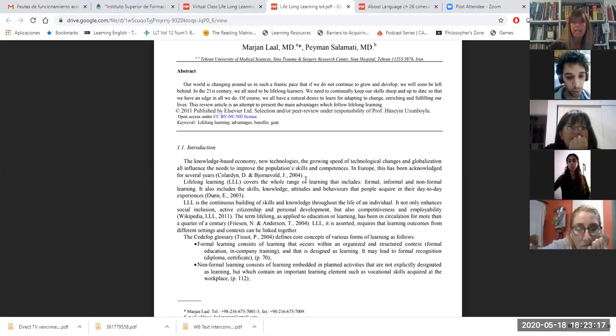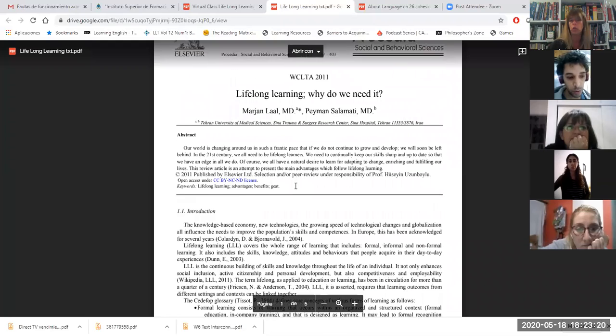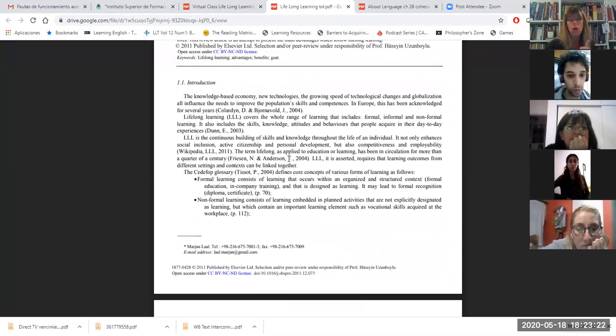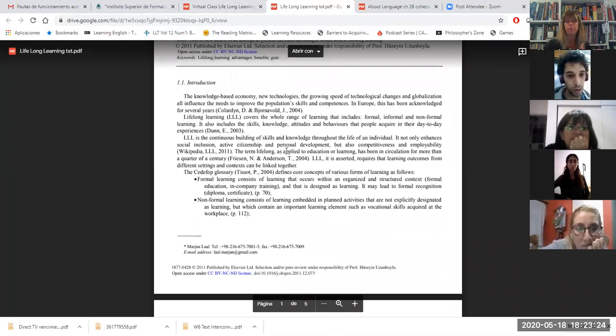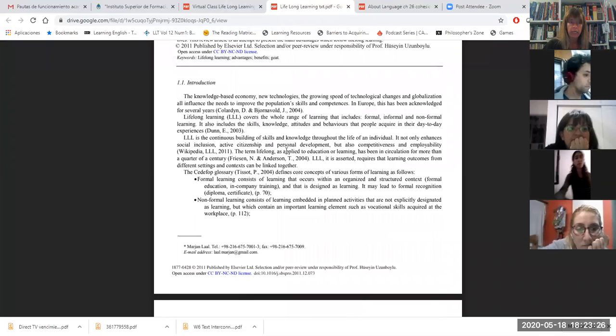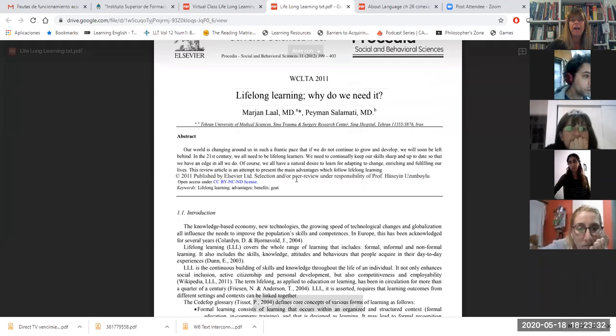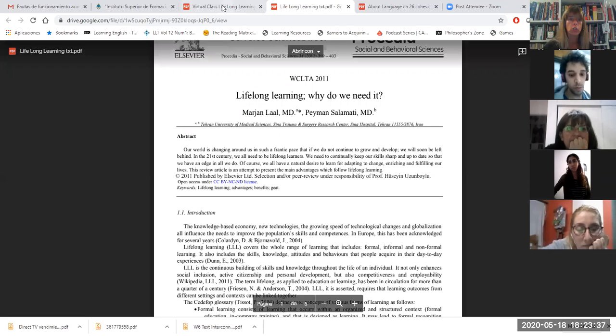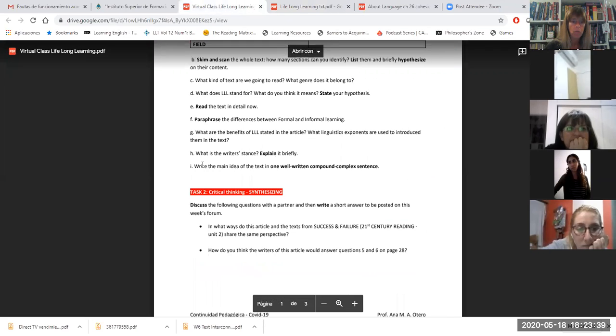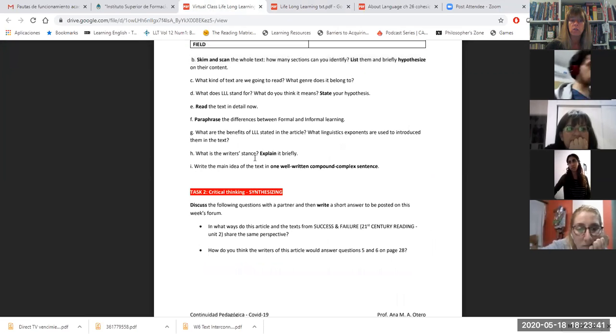This is mostly expository because it's telling you what the benefits of lifelong learning are. This is also one of the other questions that you were required to answer. Now, another question would be: what's the writer's stance?